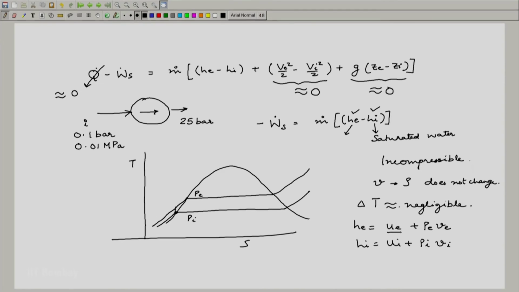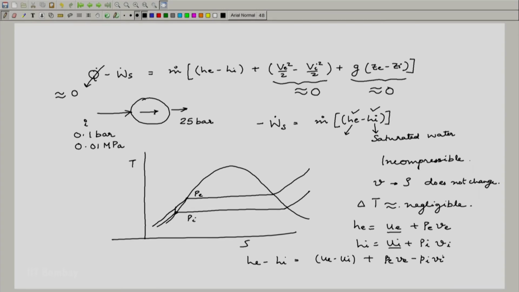Now if T does not change much, then if I subtract HE minus HI, I will get UE minus UI plus PE VE minus PI VI.